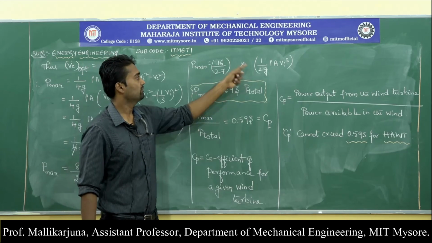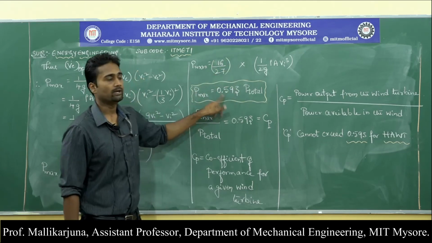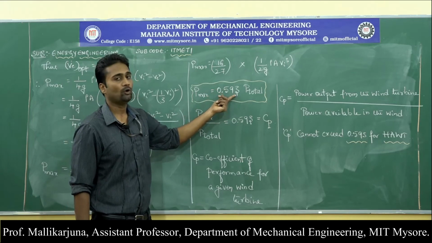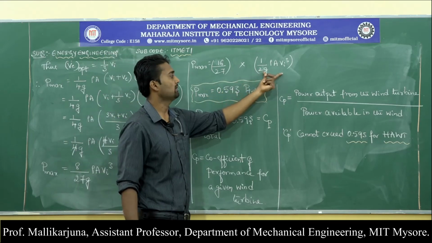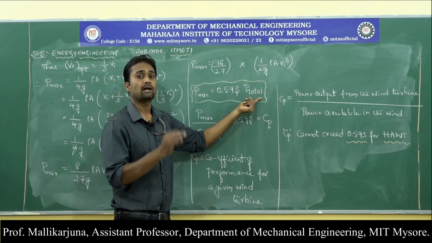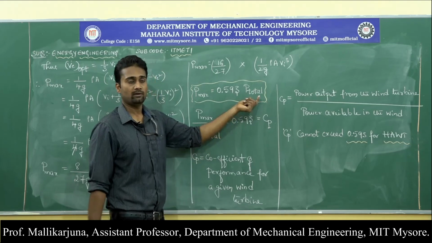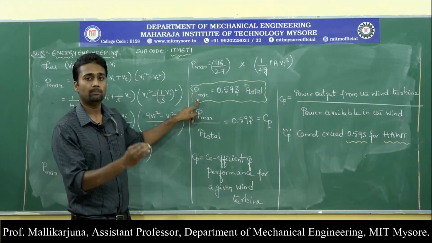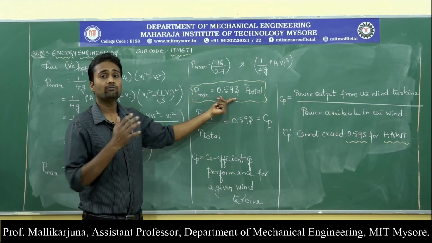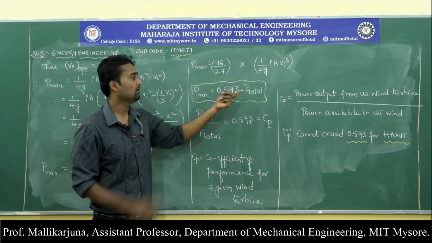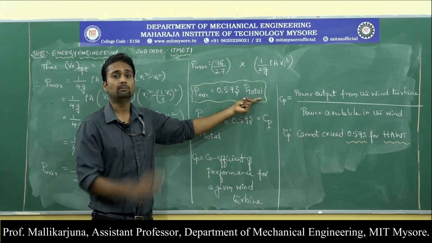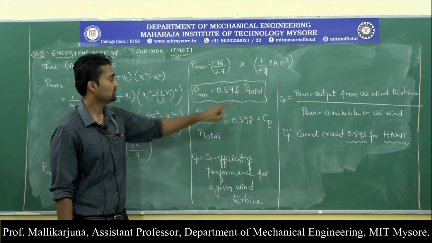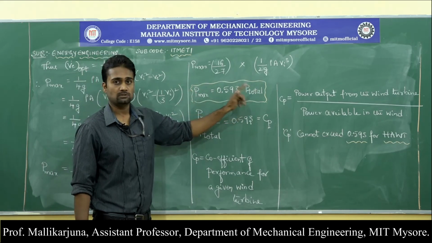On the right hand side, if I solve the numerators, I will get the constant, which is 0.593, and the remaining thing is total power that is actually available in the wind. If you look at the equation, the maximum power developed by the turbine is 0.593 times the actual power that is available in the wind.